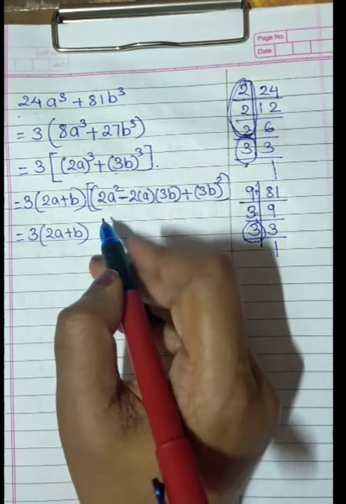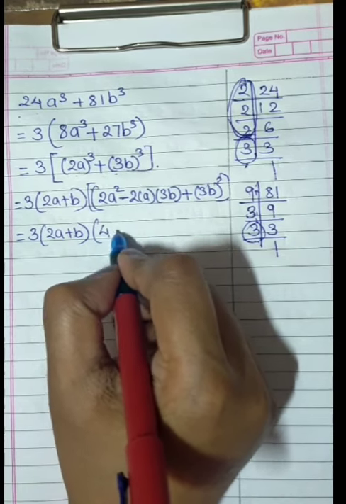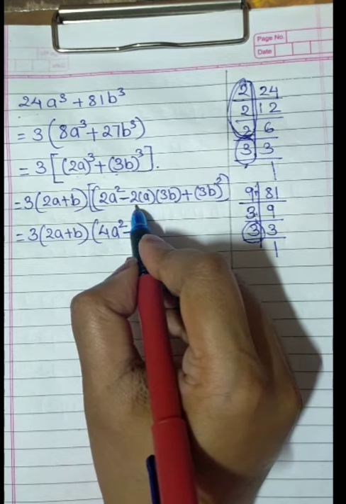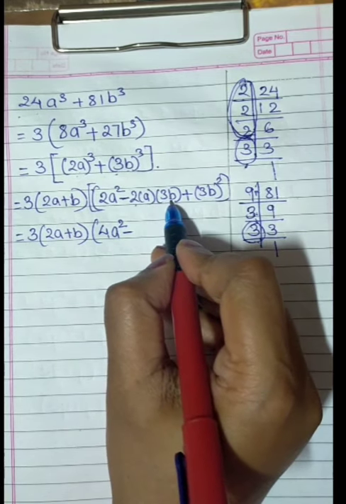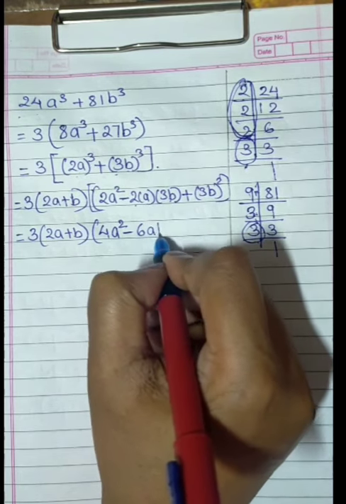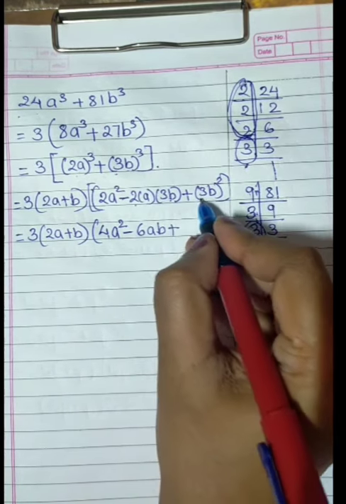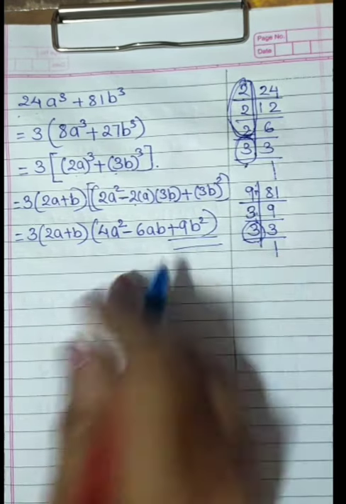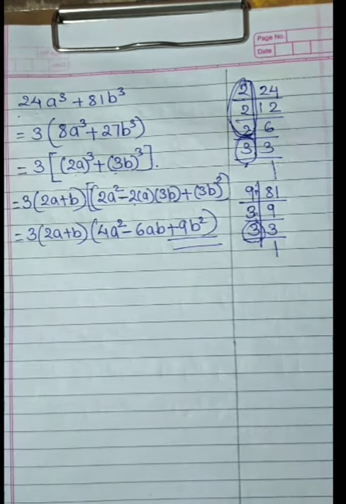Now here square of 2 is 4a square minus 2a into 3b is 2 3s are 6, 6ab plus 3 3s are 9, 9b square. We got the answer for question number 5.